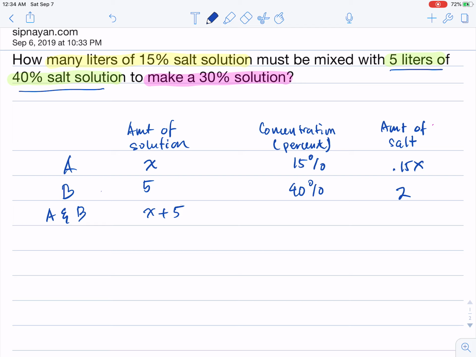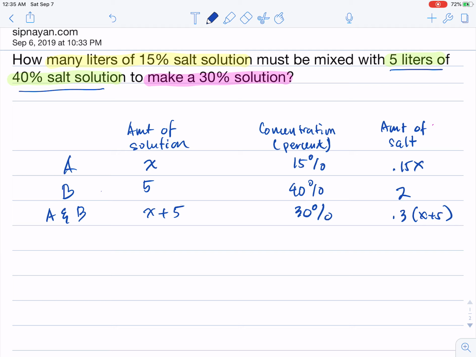Pagsasamahin mo yung dalawang solutions eh. So ilan naman to? 30%. Okay? Tapos, syempre, 0.30 o 0.3 times x plus 5. Pareho lang yun, 0.3 tsaka 0.30, parang 0.4 tsaka 0.40.